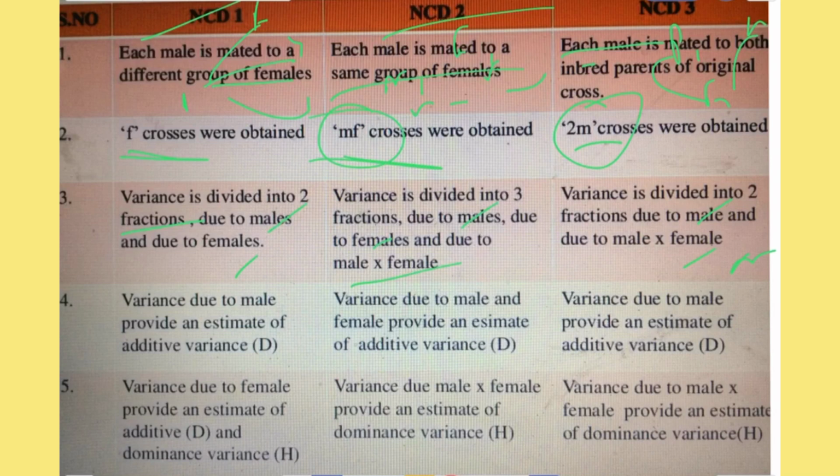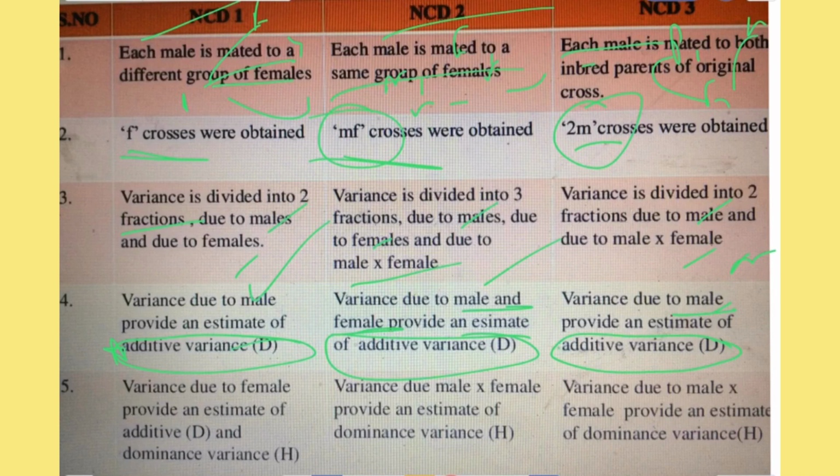In NCD1, the variance due to male gives information about the additive variance, while in NCD2, male and female give information about additive variance. In NCD3, the male gives information about the additive variance. So for additive variance information, here the male variance, here the male and female variance, and there the male.